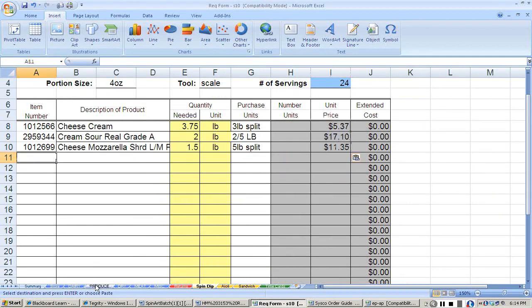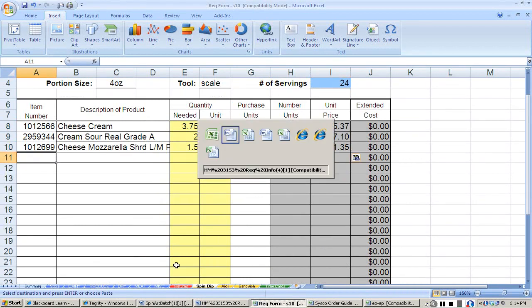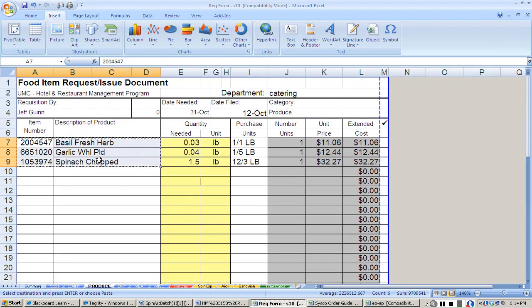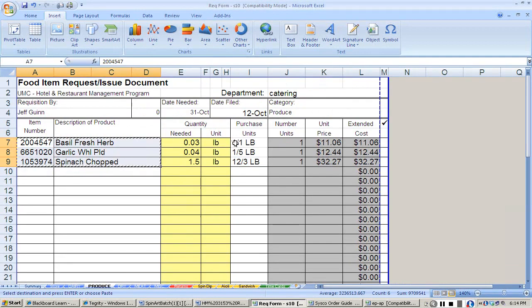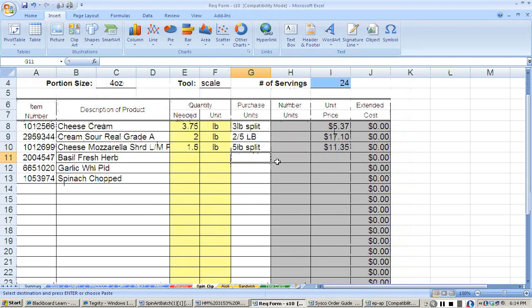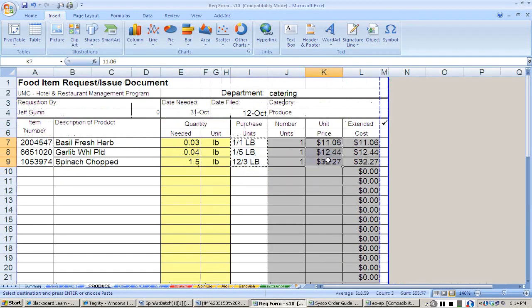Alright, and then we go to produce. Want to make sure they're all in the right order. So now I got basil and garlic. So we go into produce. Basil, garlic, and spinach. And copy and paste.